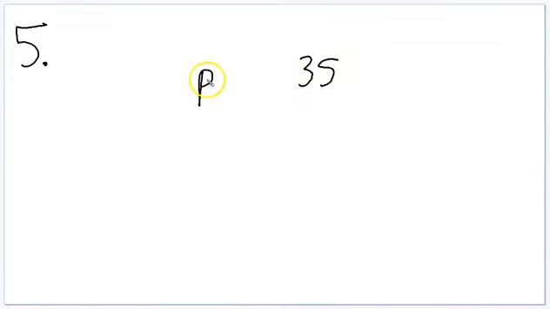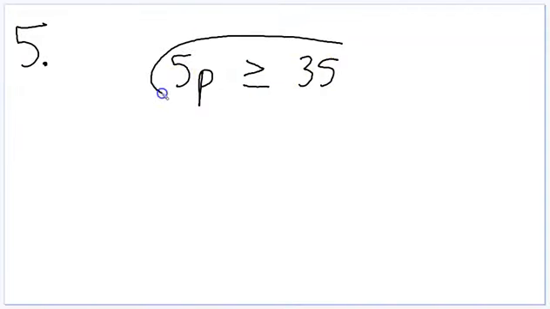She needs 5 classes a certain number of times a week, and she has to do it at least 35. At least, so it can equal 35, or it could be more than 35, but you cannot have less than 35. Therefore, this is your answer: 5p, 5 multiplied by p, is greater than or equal to 35.